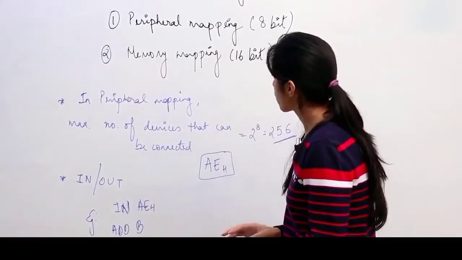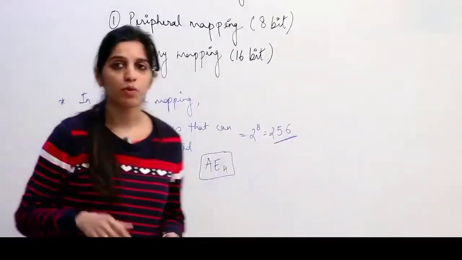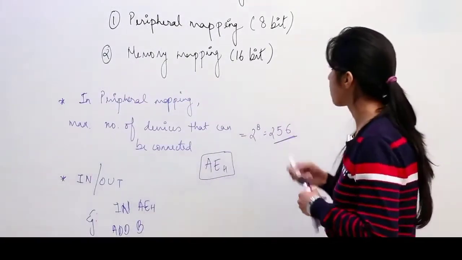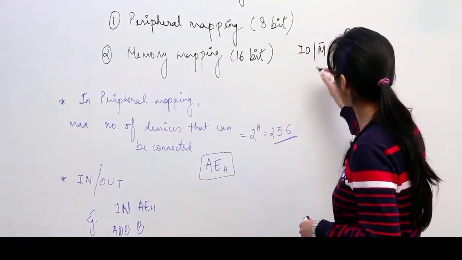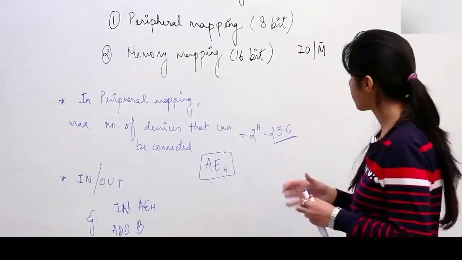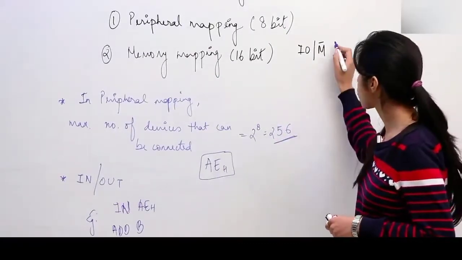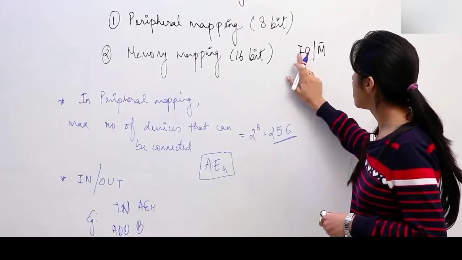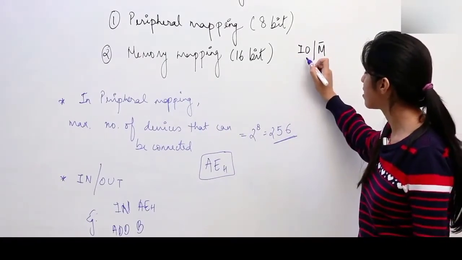Okay. Next we are going to look at memory mapping. One more pin that we saw is the pin named IO/M bar. When we looked at the pin diagram of 8085, we saw this pin IO/M bar. This pin allows us to select which peripheral is connected.